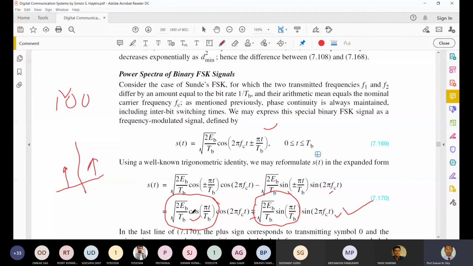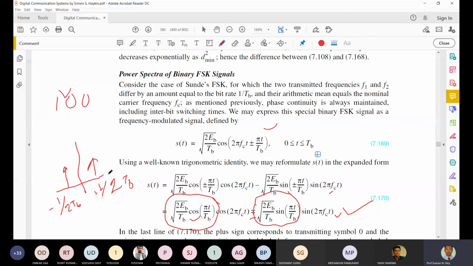The delta function will be at plus 1 by 2 TB, and the other is at the same value with minus sign, minus 1 by 2 TB. So in these two positions we have the two delta functions.